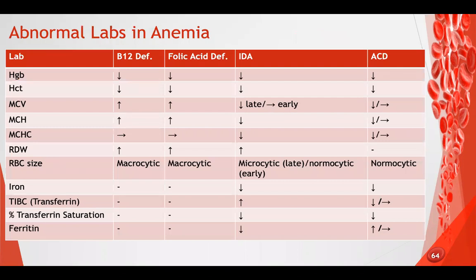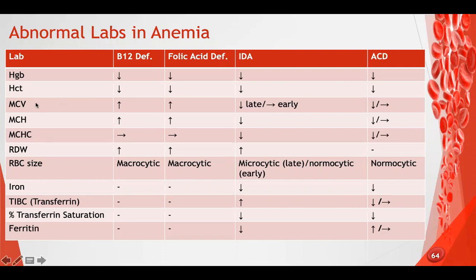These are those lab values and how they will look for the different types of anemia. So we have vitamin B12 deficiency, folic acid deficiency, iron deficient anemia, and anemia of chronic disease. And you'll see how they'll actually present. So obviously hemoglobin is going to be less in all of them. Hematocrit is going to be less in all of them.